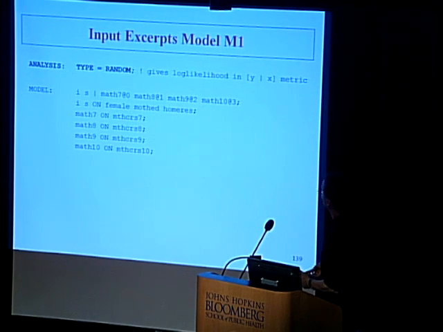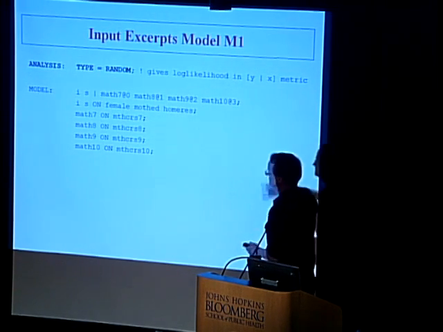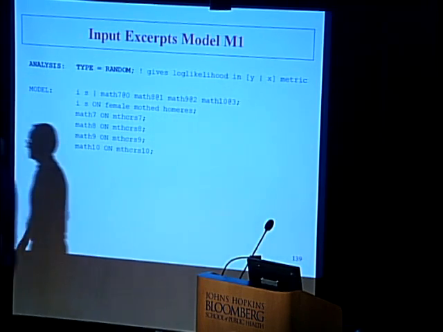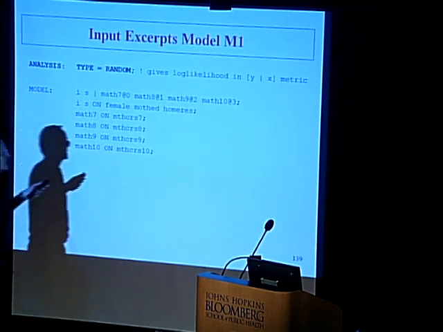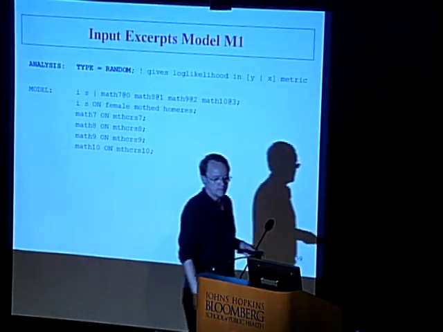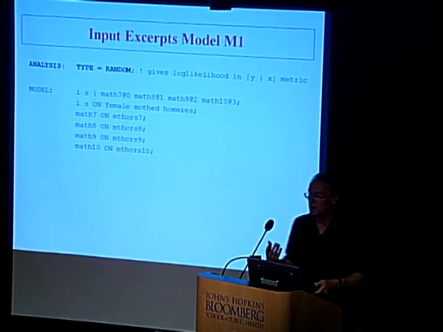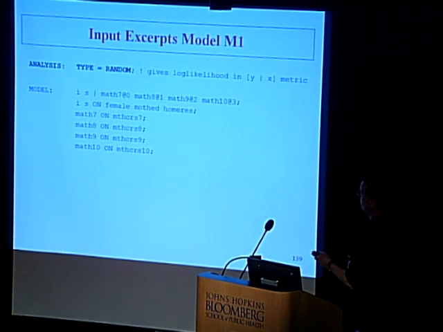So I'm going to do the first model, which is the one that was on the left. That's model M1. I'm redoing it under type equals random because that gives you a log likelihood in the same metric as we get when we do the random slope, model M2.